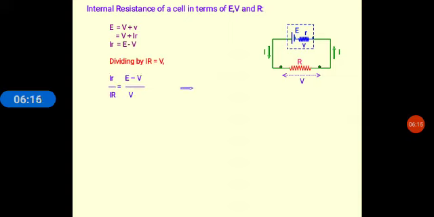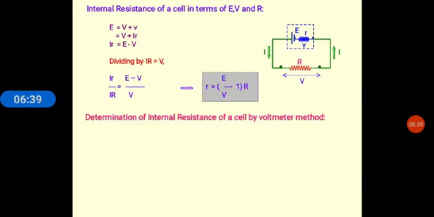By applying Kirchhoff's voltage law, EMF is equal to the sum of potential differences across external and internal resistances. By simplifying, we get the relation for internal resistance as r = (E/V minus 1) times the external resistance R. Now we can determine the internal resistance of a cell by using the voltmeter method.